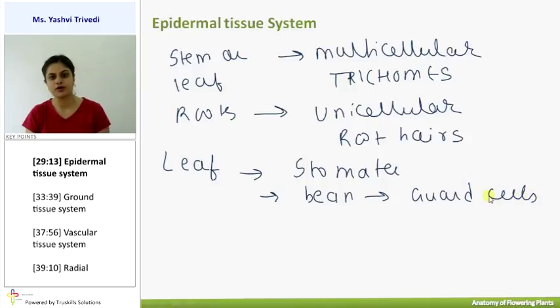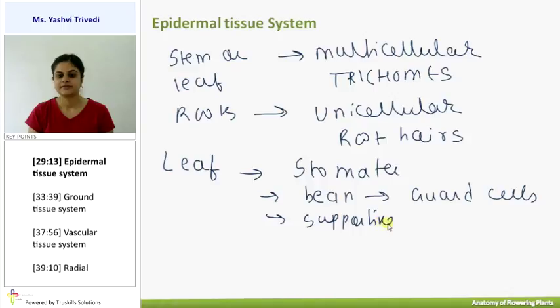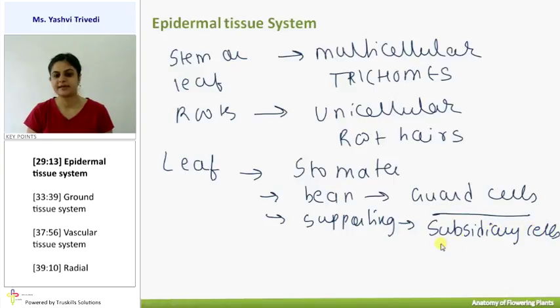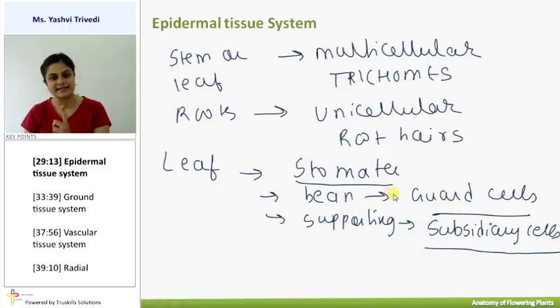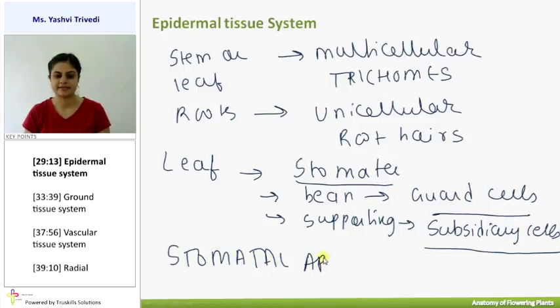In case of monocots or grasses, the guard cells will be of dumbbell shape, and the guard cells are surrounded by various supporting cells which are called subsidiary cells. The guard cells are mainly responsible for the opening and closing of stomata. So all these three things, the stomatal pore, the covering guard cells and the subsidiary cells, all of them together are called stomatal apparatus.